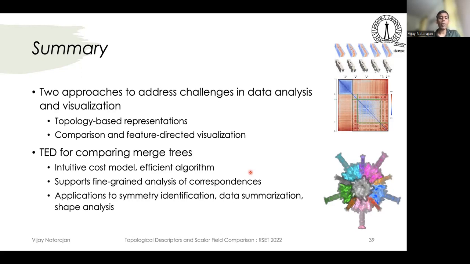Specifically, I talked about a tree edit distance for merge trees. This tree edit distance is intuitive, has a good cost model that corresponds to merge trees. It can be computed efficiently and has several applications. I talked about only a few applications in this talk.